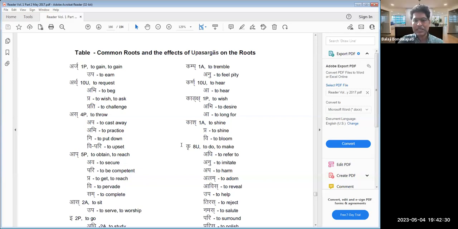Sarga is not upasarga; it means a part, a close part. For example, for Adhyaya in the books, in the Ramayana they use sarga.